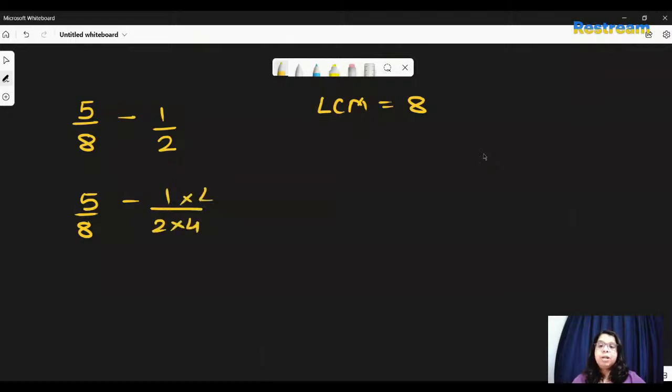So I'm also going to multiply my numerator with 4, because we know, when in the last session we saw, that whatever operations, multiplication or division, you do with the denominator, you have to do the same operation with the numerator, but this only if you are multiplying or dividing. So this becomes 5 by 8 minus 4 by 8. So answer is 1 by 8.